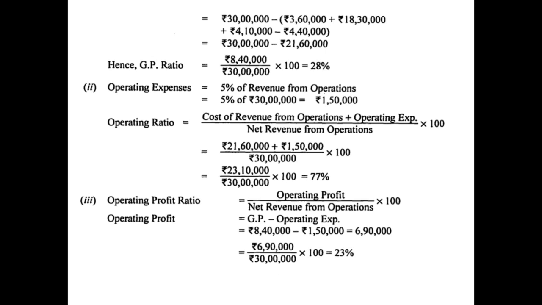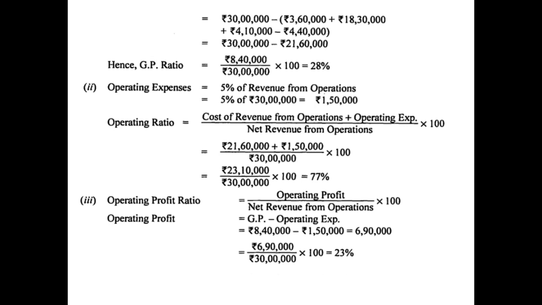So this will give you cost of RFO as 21,60,000 and revenue from operation is 30 lakh. So 30 lakh minus 21,60,000 will give you the value of 8,40,000. So this will be the amount of gross profit.